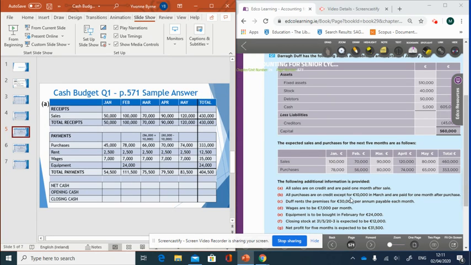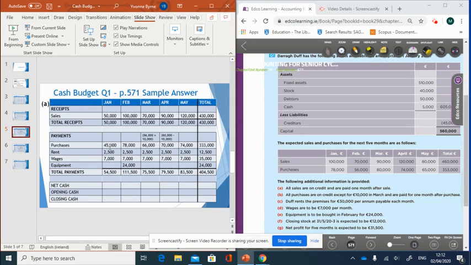So purchases, again, the figure for purchases for January, we don't use this figure because we're looking at the month before, so December's purchases for January. So we can go up here and creditors, up the top, is 45,000. So that's the purchases we made in December, but again, we're not paying until January.